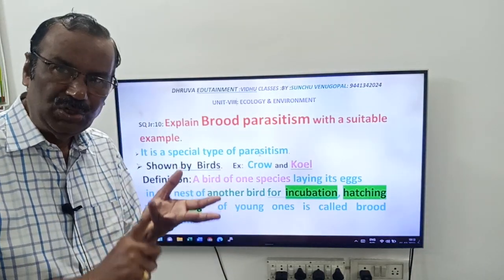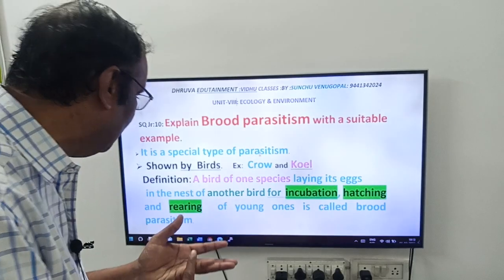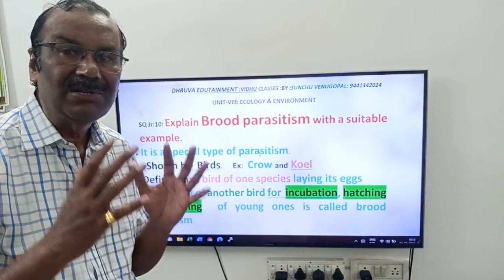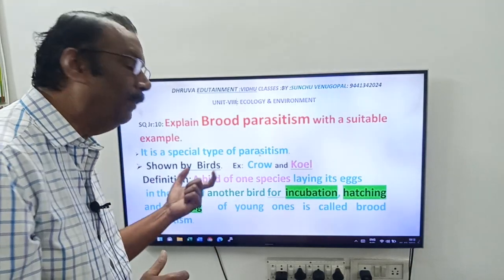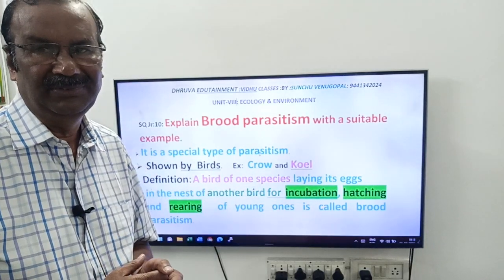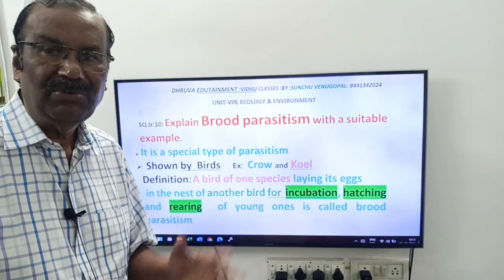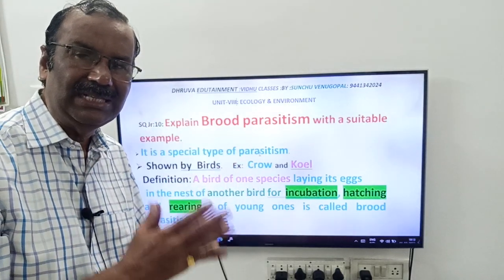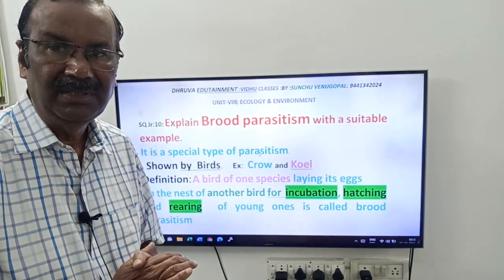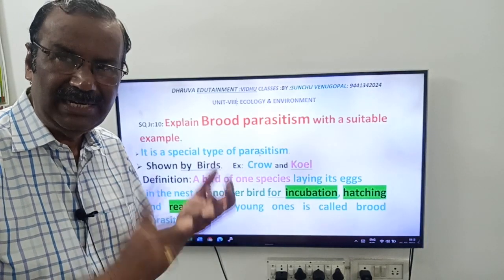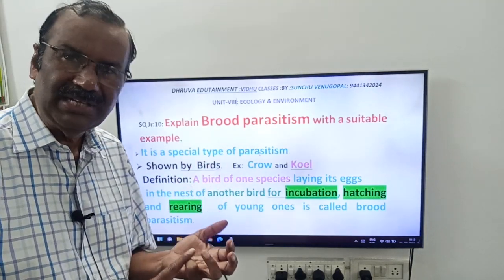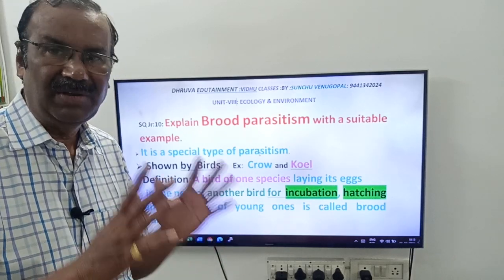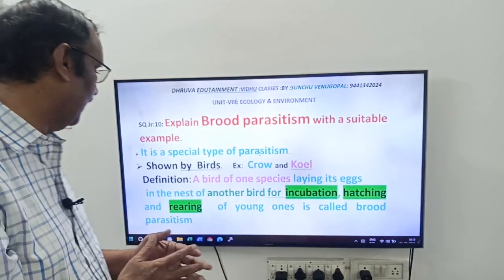For incubation, hatching and rearing of young ones is called brood parasitism. Friends, here we have two birds. One bird is laying its eggs in the nest of another bird for incubation, hatching and rearing.